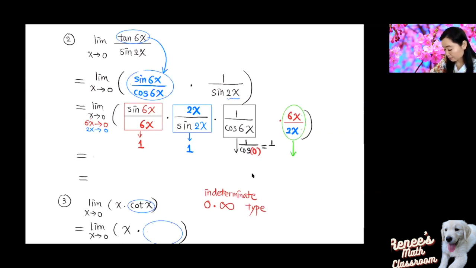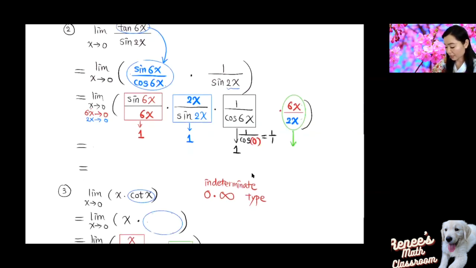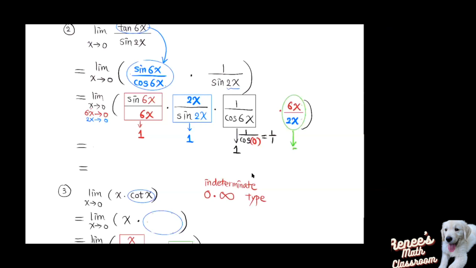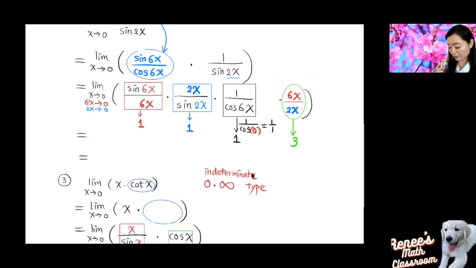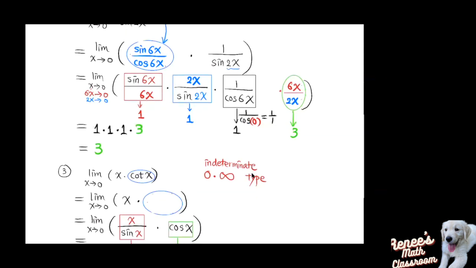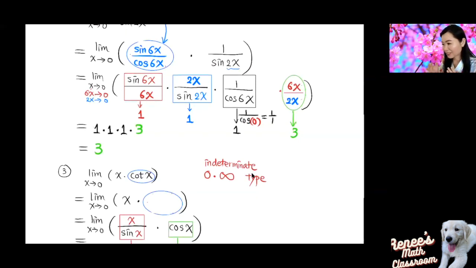So that's 1 over 1, which is equal to 1. Now what about this one? This is just 3. So finally, we have 1 times 1 times 1 times 3. So that's equal to 3. So you just need to match them.